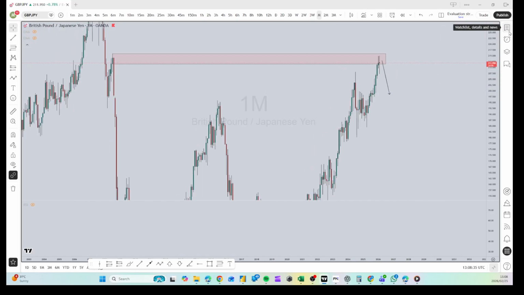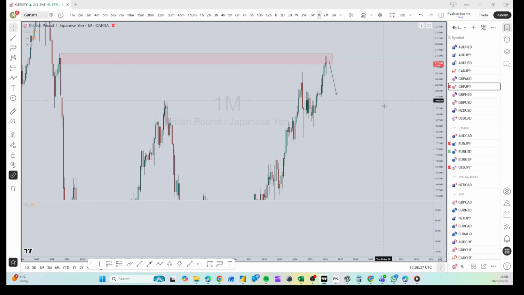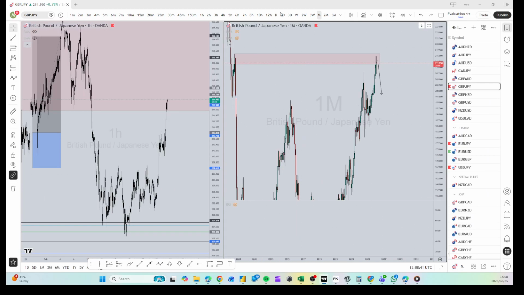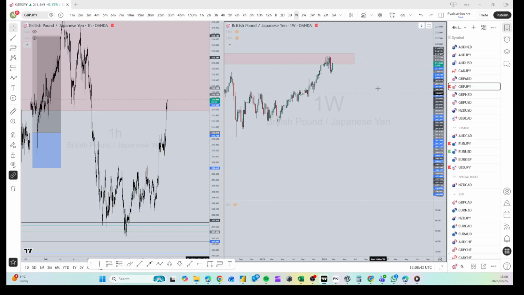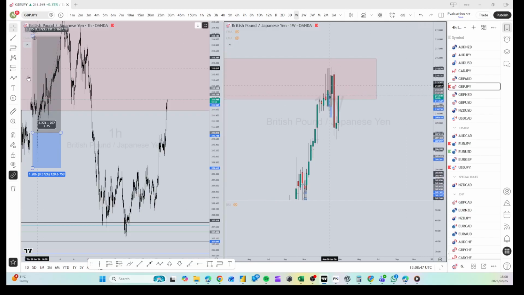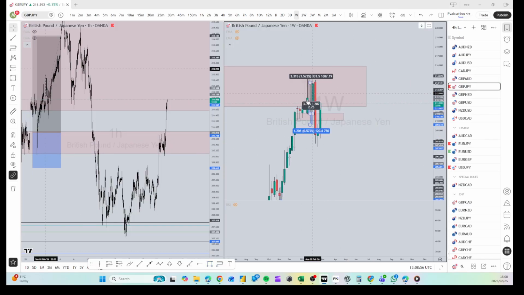So this is on the pound yen. So how am I going to make this entry? Now let's go on the weekly. On the weekly, we can already see that the weakness is there because we broke this structure here. We closed below here on the weekly.